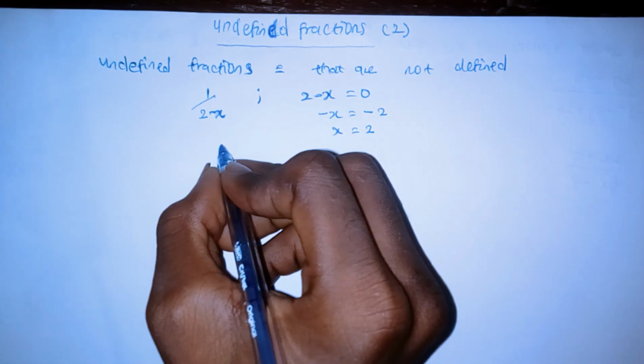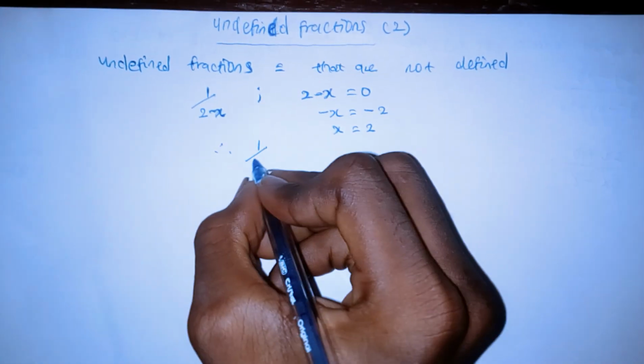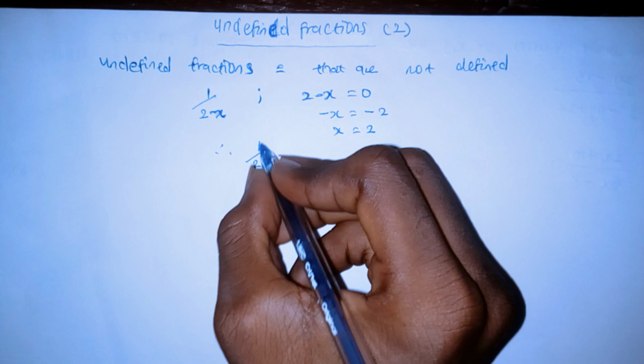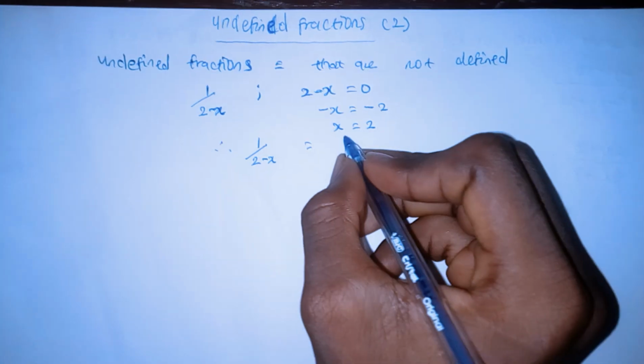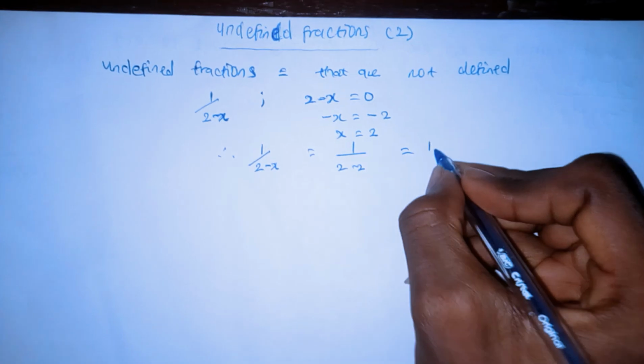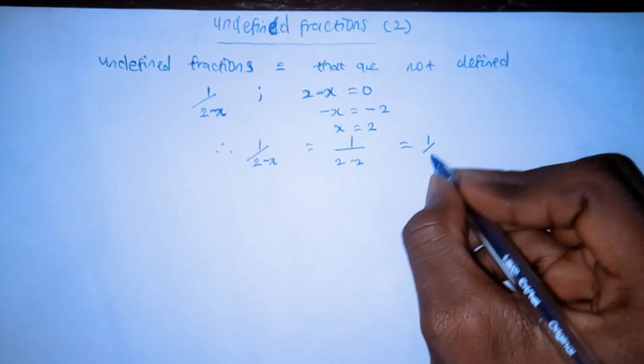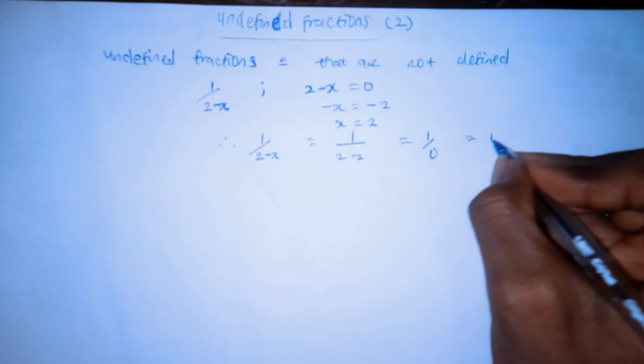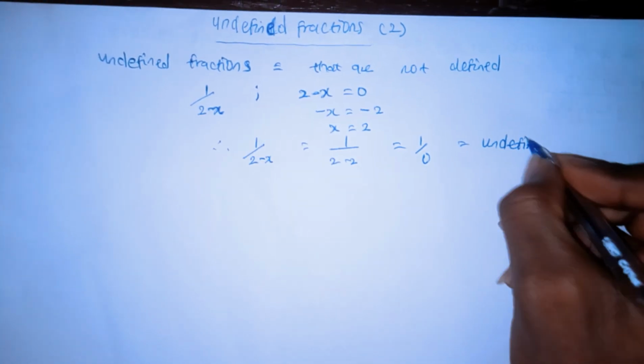Any fraction of 1 over 2 minus x, where x is 2, gives 1 over 2 minus 2, which equals 1 over 0. It is undefined. The fraction is undefined.